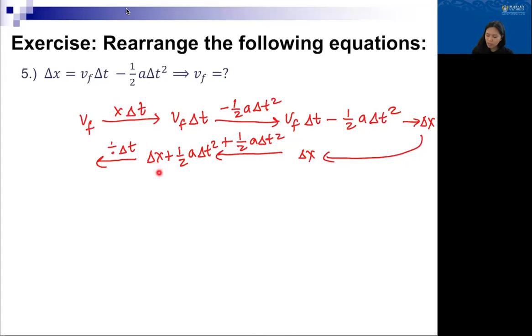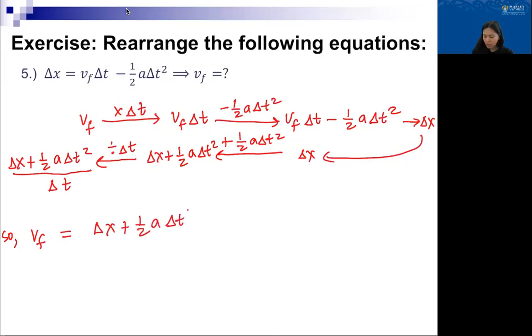So therefore, you have delta x plus 1/2 a delta t squared divided by delta t. And you're back to VF, which is what we want to isolate. So VF is equal to delta x plus 1/2 a delta t squared divided by delta t.